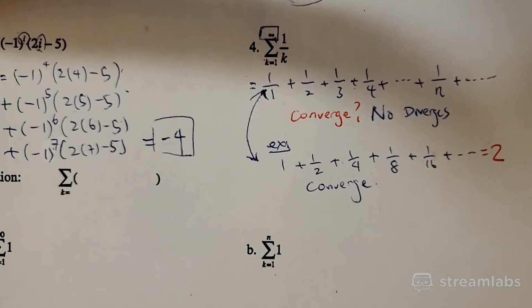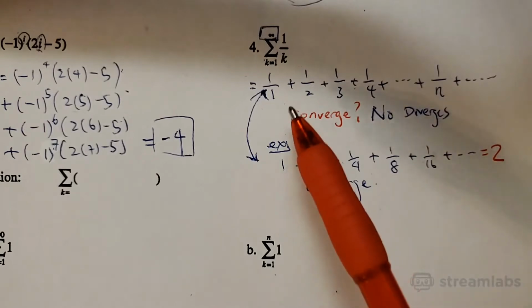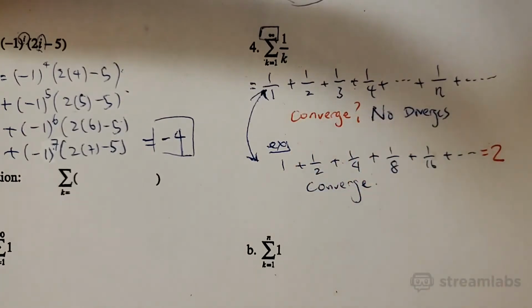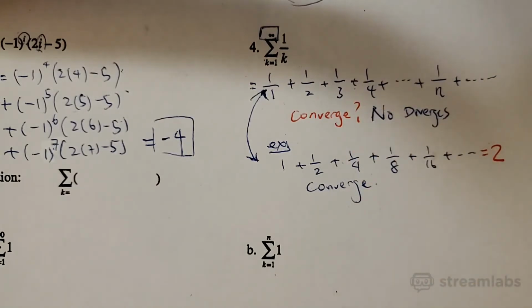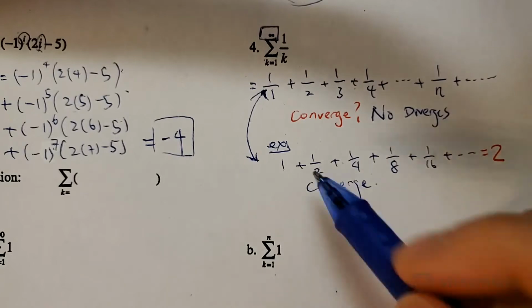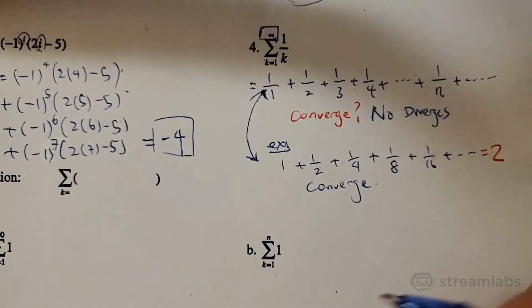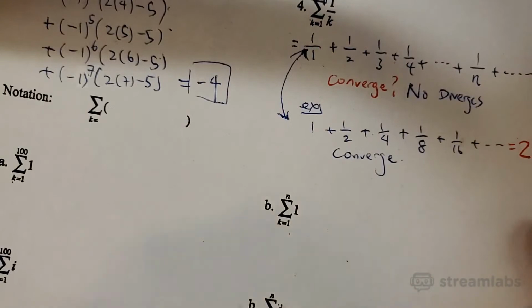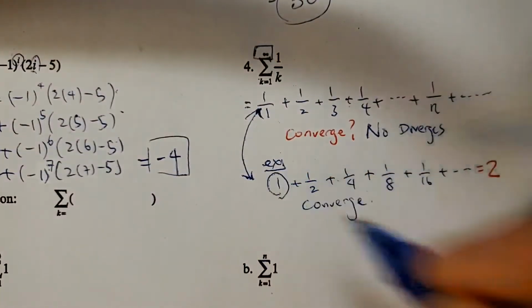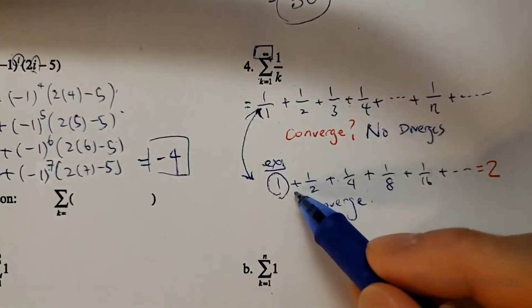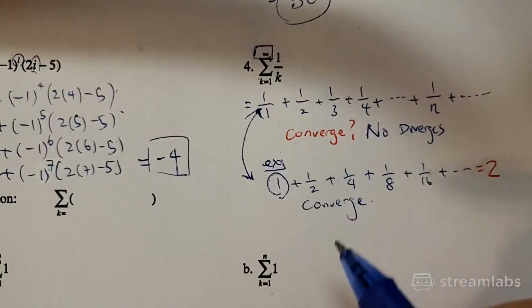So notice I said that you're adding less and less, right? Is this even true? Are you really adding less as you go? For this one you are. How do I know? Well, check this out. This starts with 1, right? Everything I add after 1 is less than 1.